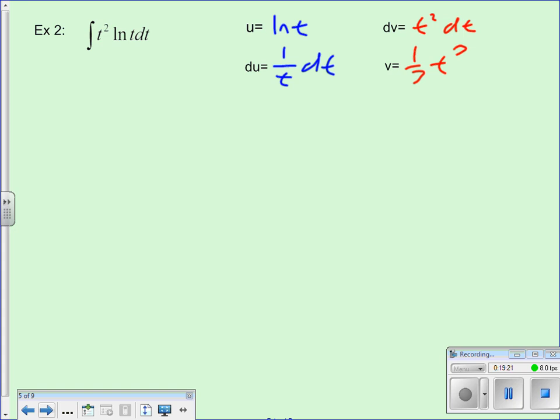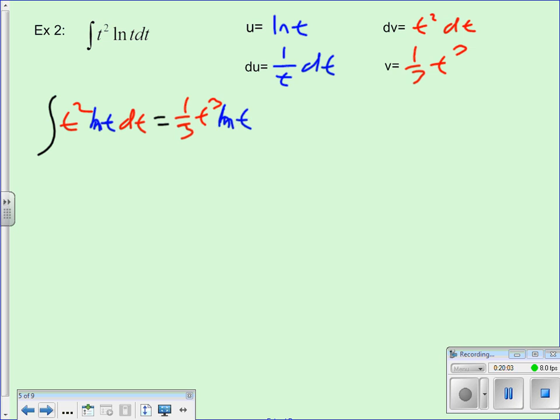And now here we go. The integral of u dv, which should be t squared dt, ln of t, equals uv: 1/3 t cubed natural log of t.